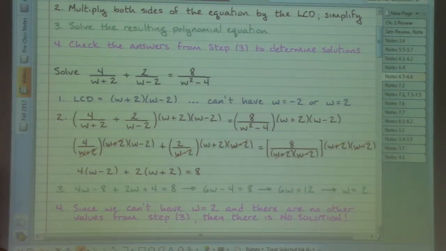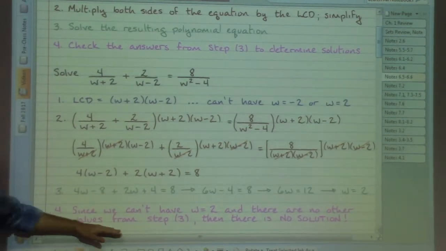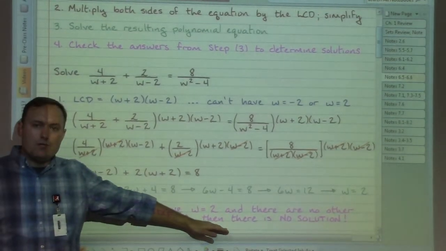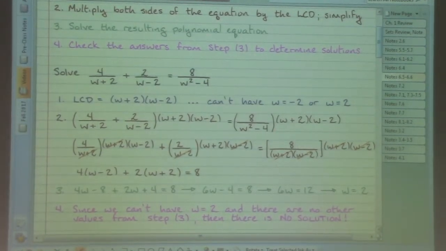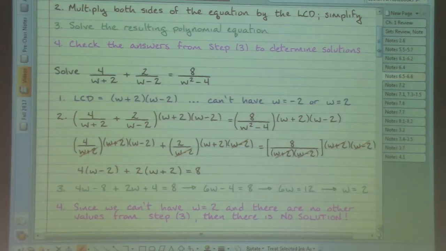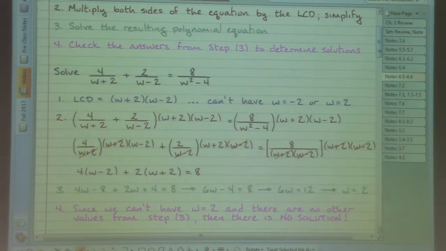Because this is the only answer that we have arrived at, and it does not work, there is no other solution. This particular equation overall has no solution. So yet again, we can see that sort of possibility happen no matter what kind of equation we might be confronted with.